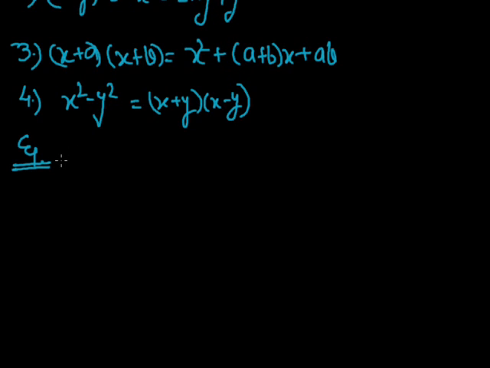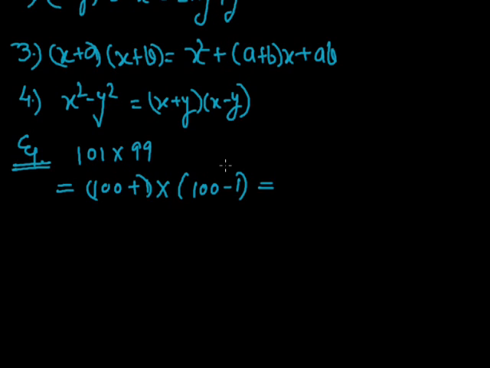Like, if you have to find the value of 101 into 99, then we can use a shortcut method to solve this. If we know the algebraic identities, we can write it as (100 plus 1) into (100 minus 1).